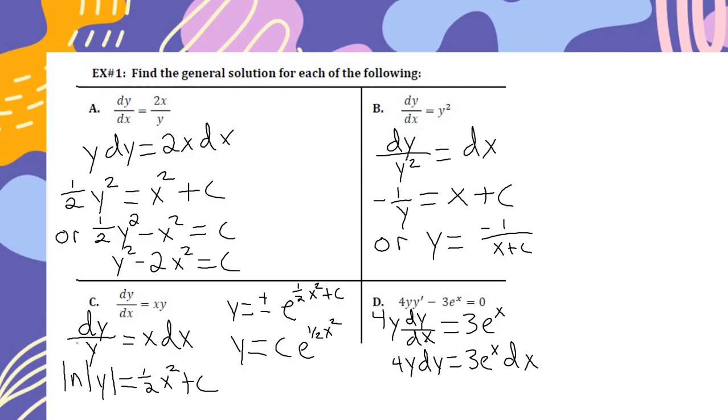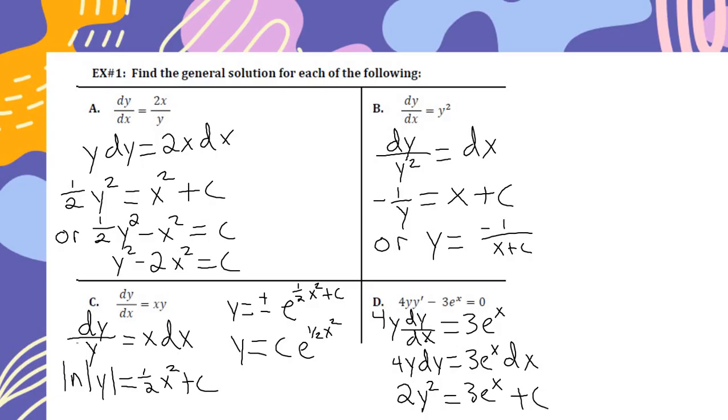So what is the antiderivative of 4y? Okay, the antiderivative of 3e to the x: 3e to the x. And then I have a plus c.